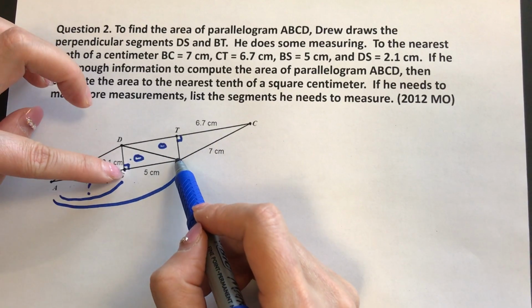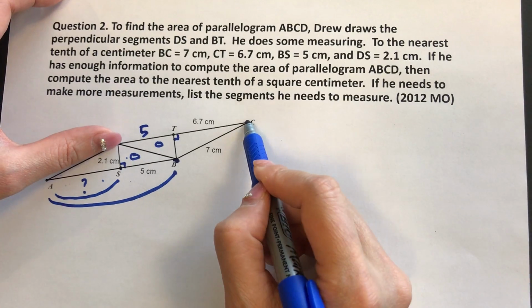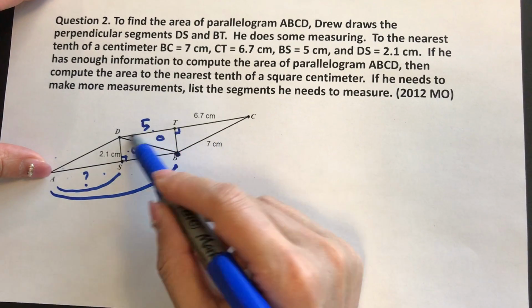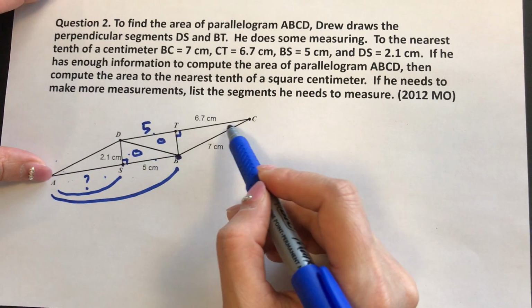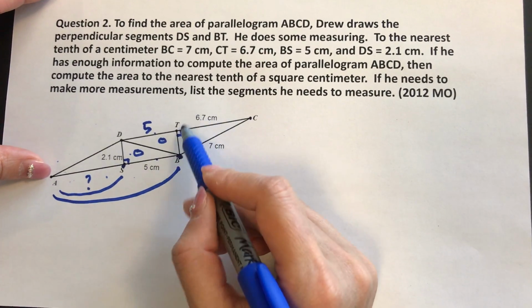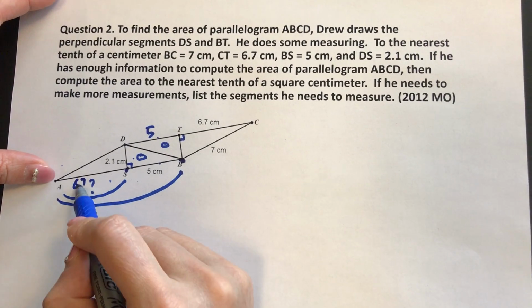And therefore, this 5 centimeters goes on to there. CD equals AB. We have these two properties. That's because this is a rectangle, and CD has to equal AB. So AS has to equal CT, which is 6.7 centimeters.